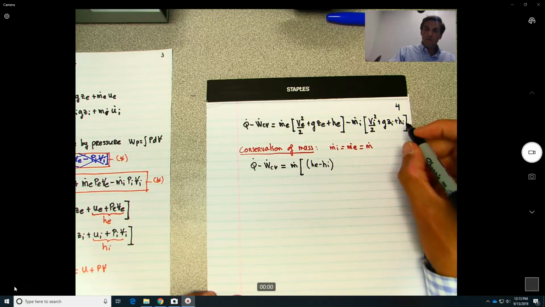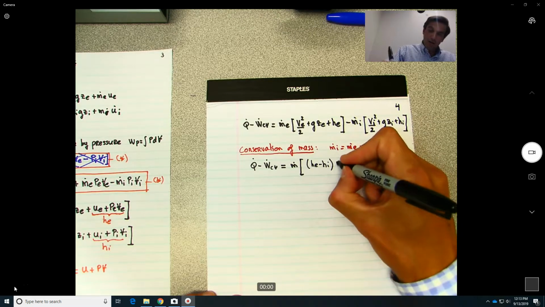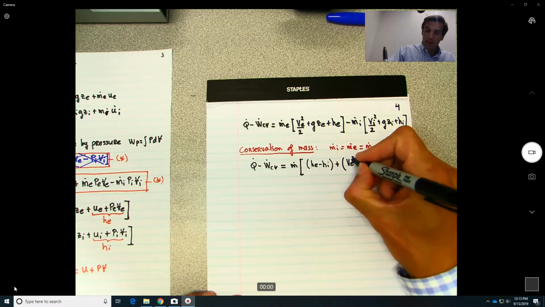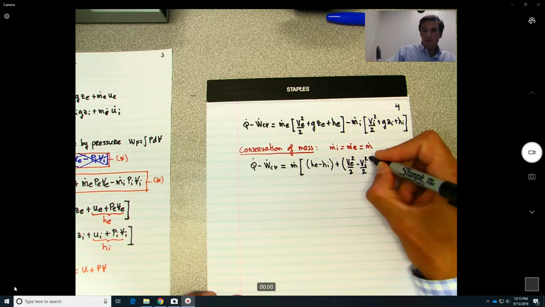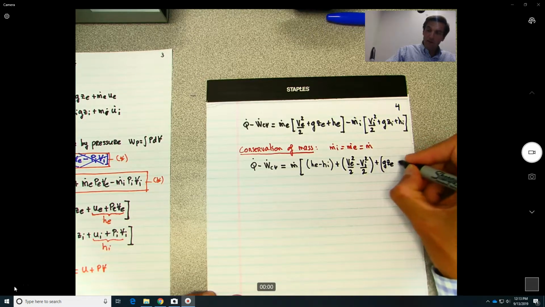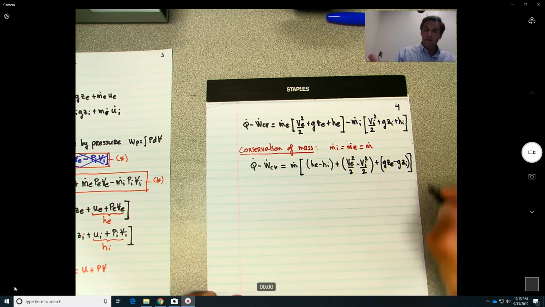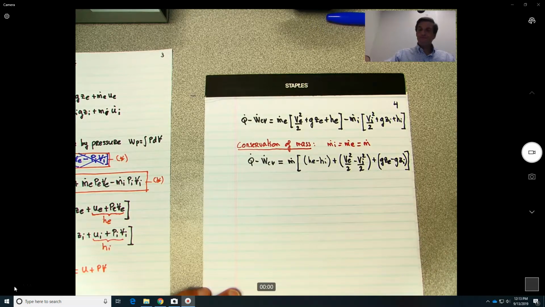Okay. I forgot one term here. No, it's good. We are good. Plus the change in kinetic energy plus the change in potential energy. Okay.